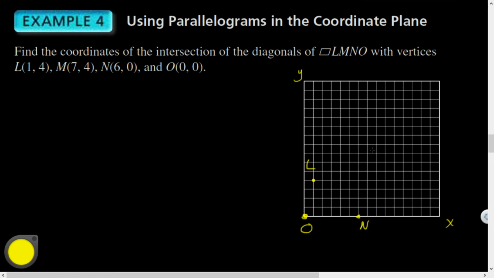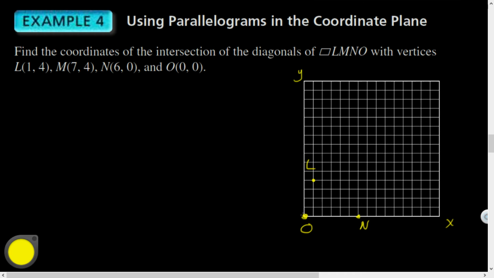Actually, here's a question. If I gave you 3 points that form a parallelogram, could you have found the other point? What's a possible way I could have found that point? Slope. I like that, Anthony.